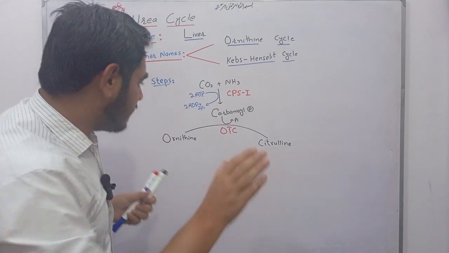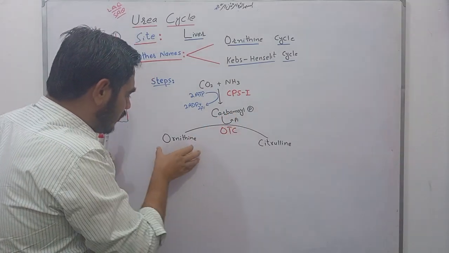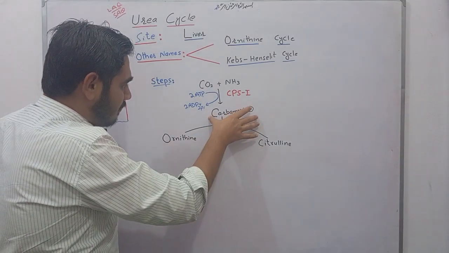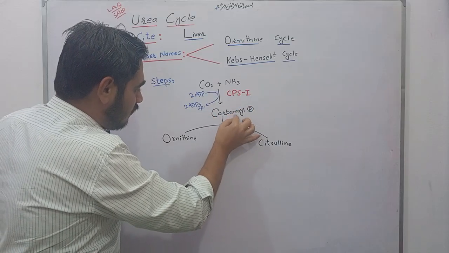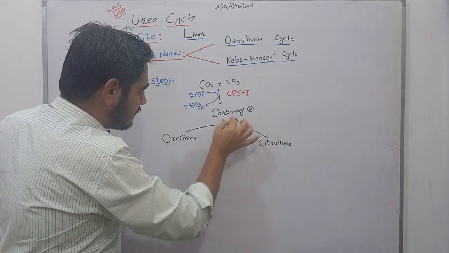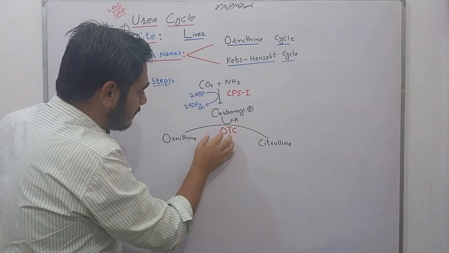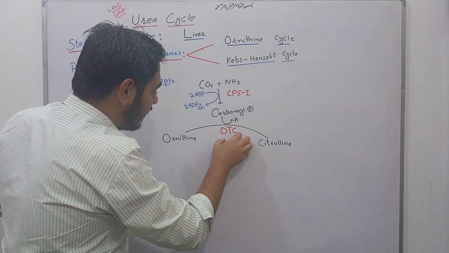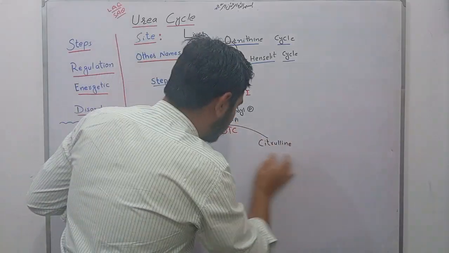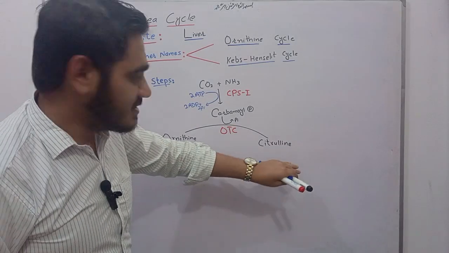Friends, I am repeating that there is a condensation of ornithine with the carbamyl phosphate and a removal of inorganic phosphate with the help of ornithine transcarbamylase, and there is a synthesis of citrulline. This is the second step.